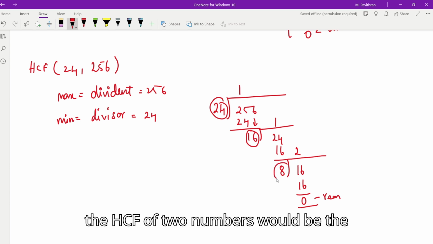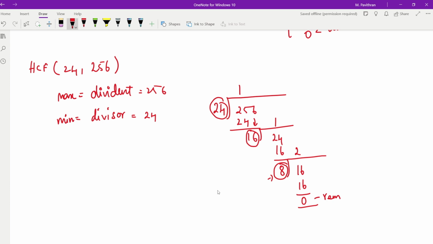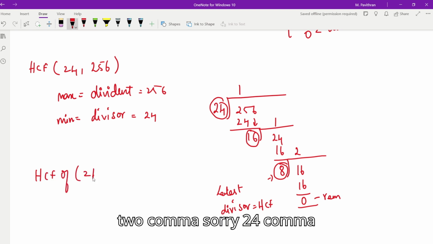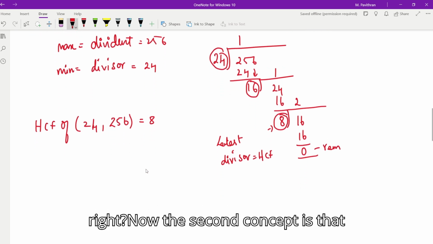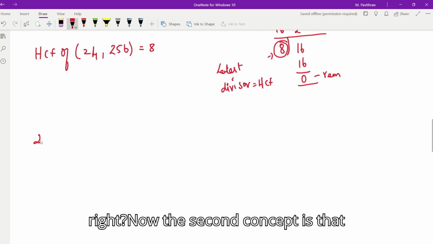So the HCF of the two numbers would be the latest divisor. Latest divisor is HCF, right? So the HCF of 24 and 256 is 8, right?